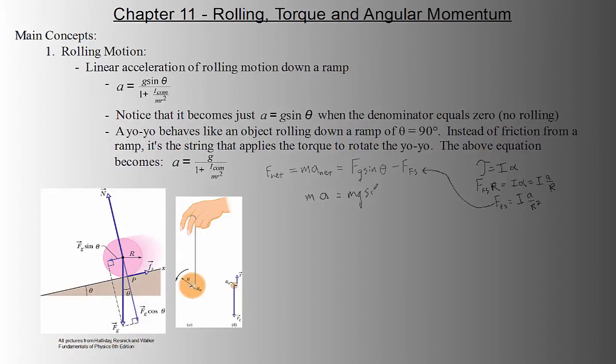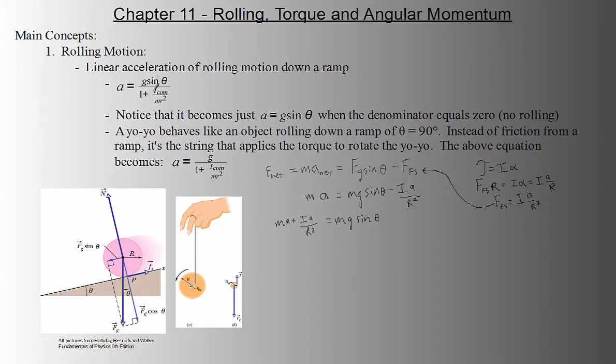Mg sine theta minus I a over R squared. We want to solve for a, so let's get our two a terms together. So we'll add this term to this side, so we get ma plus I a over R squared equals mg sine theta.